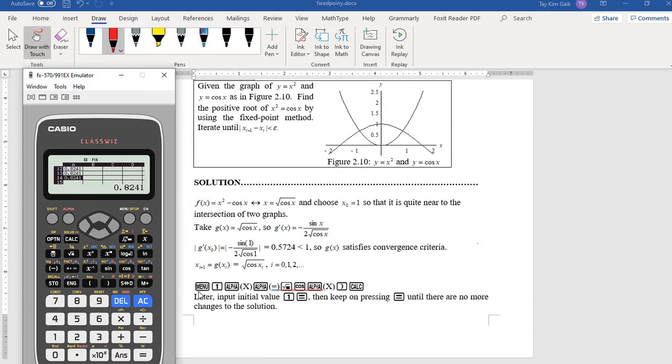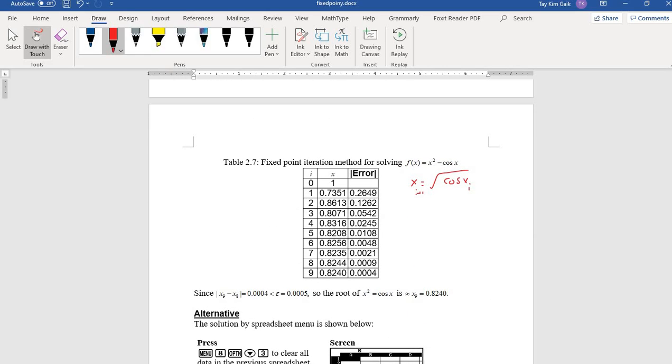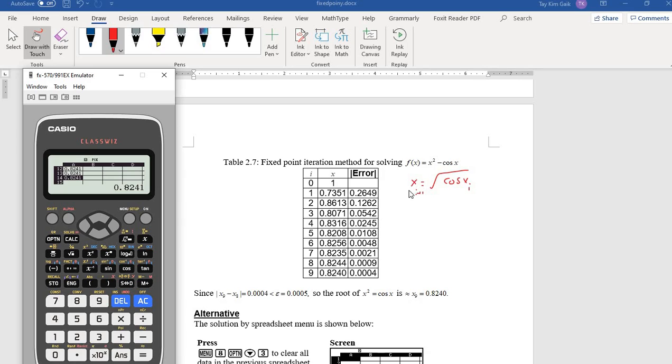In the calculate menu, you press alpha x. For the equal, it is actually the red color equal. In the calculate menu, x equal, the equal is alpha, the red color.